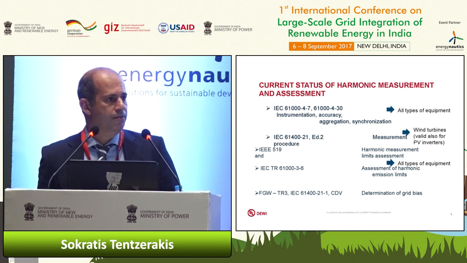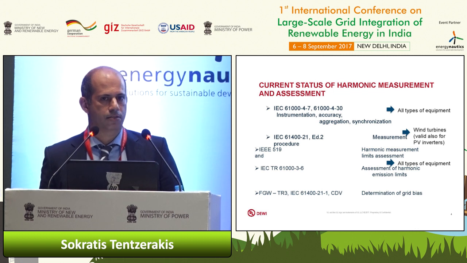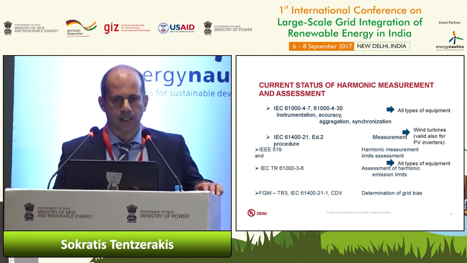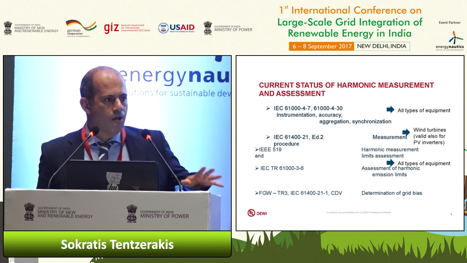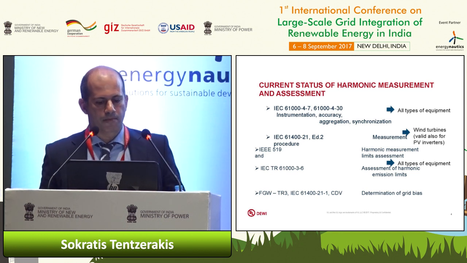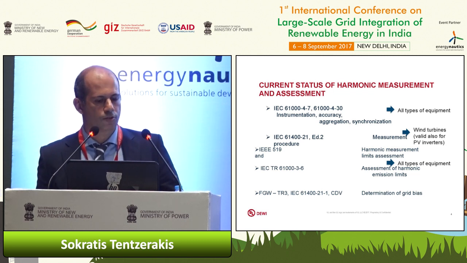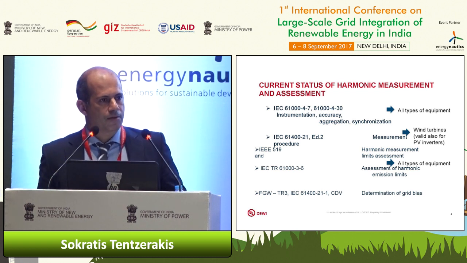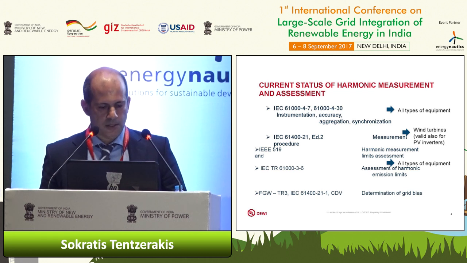Then we have the IEEE 519 standard. This standard is referred to inside the grid code requirement, and sometimes there is a discussion on how this can be tested. In fact, the measurement procedure included in this standard is the same as in 21, both deriving from the 4.7 and 4.30 standards, which are the first ones, but the evaluation procedure is slightly different. We will discuss it next.